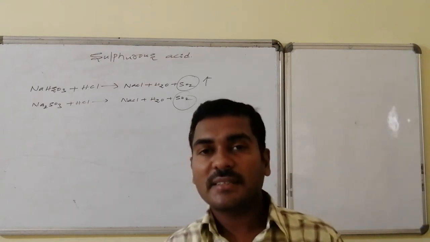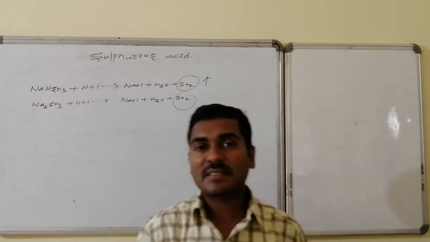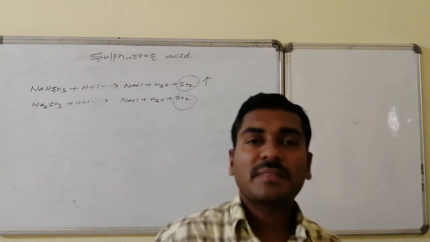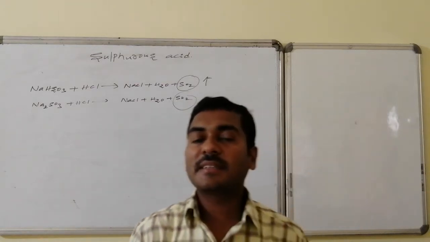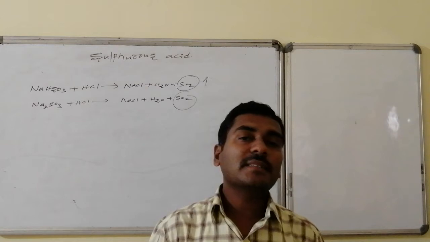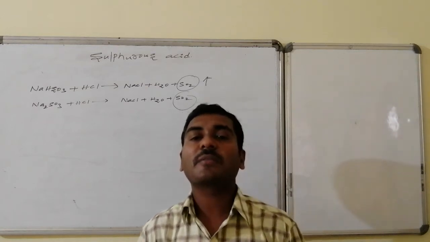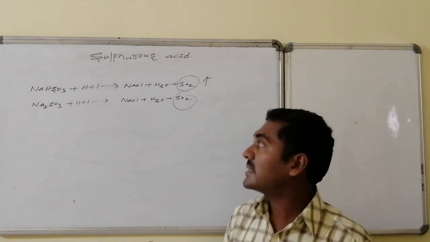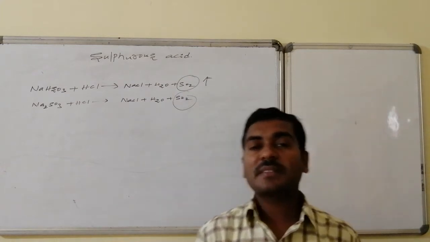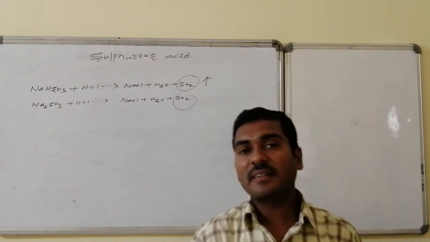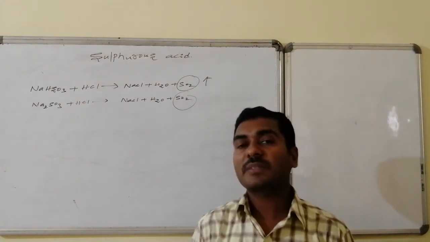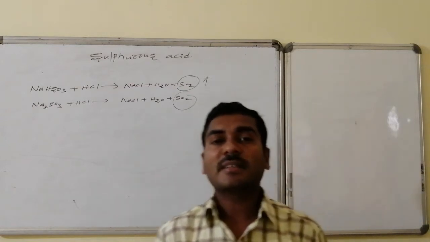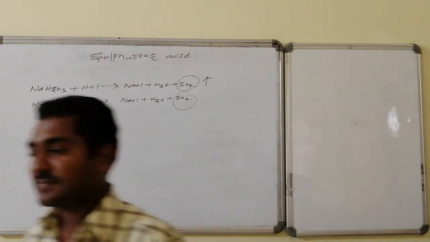When this gas is liberated, the entropy of the system increases, and delta G decreases. This decrement in delta G makes the reaction occur in the forward direction. Thus the sulfite or bisulfite reaction with HCl leads to a new salt followed by sulfur dioxide gas.